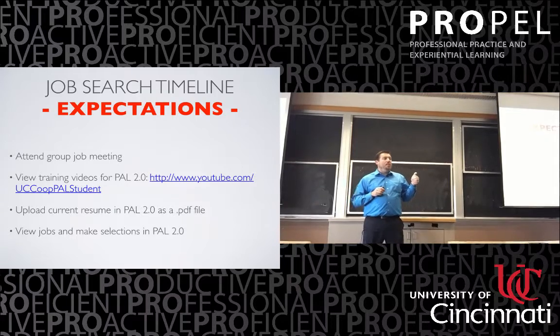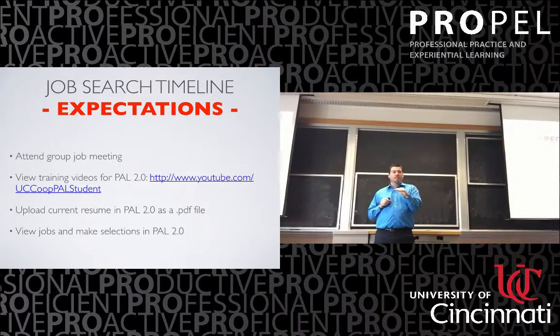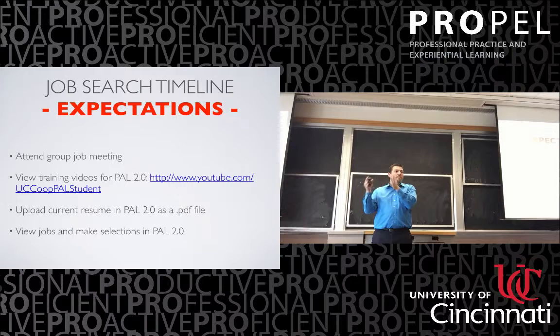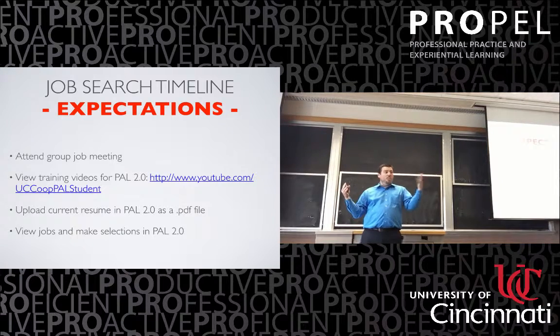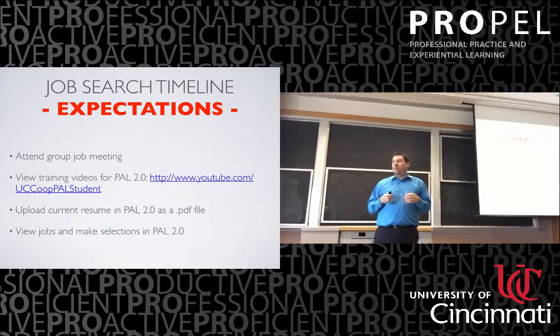Make sure when you upload your resume into the system that you upload it as a PDF document, not as a Word document. You're going to make your resume in Word or whatever word processing software you use, but then you're going to convert it to a PDF before you put it in PAL. Sometimes PAL, when it converts your Word document to a PDF online, gets wonky somewhere in the middle. And if you have some weird fonts that you're using, it doesn't convert and all of a sudden it looks really weird.